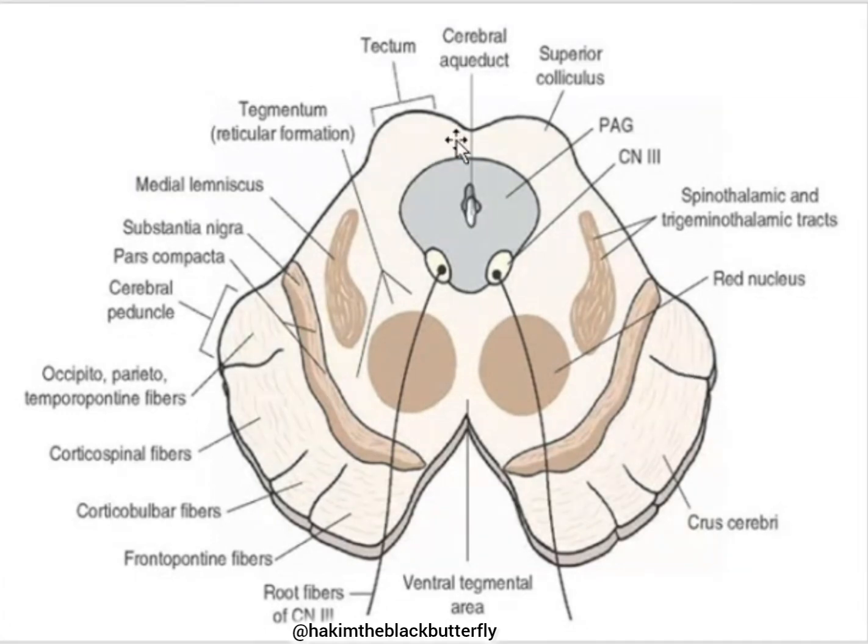What do we find within the tegmentum? At the level of the superior colliculus, you're going to see the nucleus of the oculomotor nerve. Remember, at the level of the inferior colliculi, we saw the nucleus of the trochlear nerve.